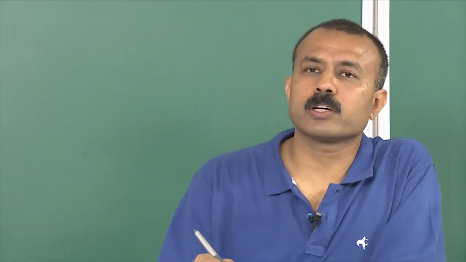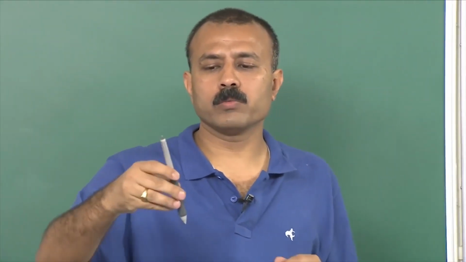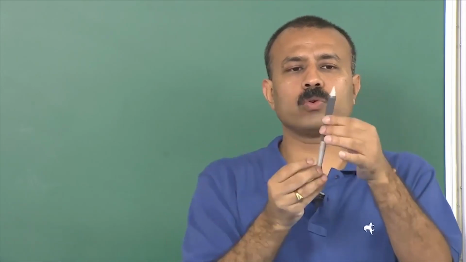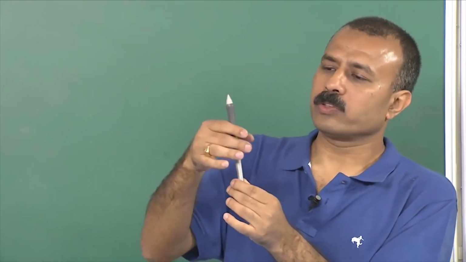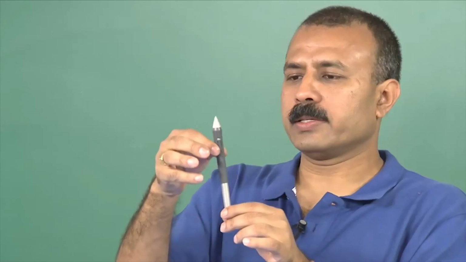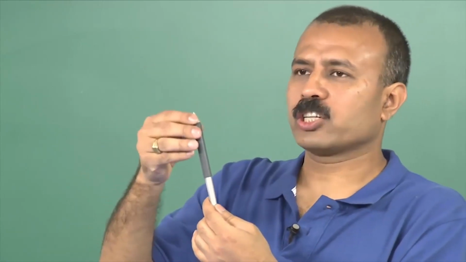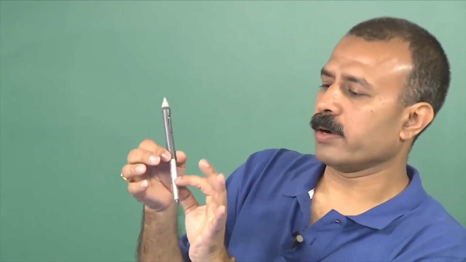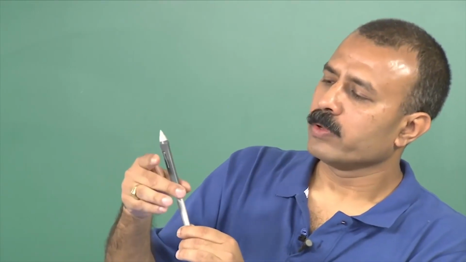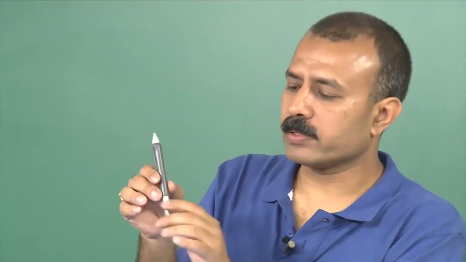So, let us talk about the structure of the rods and the cones. These are a very unusual kind of structure. These are fairly elongated structures, and a cone looks pretty much like this. Say, for example, if you look at this pen, there is this kind of light black or ash color body, and underneath there is a lighter color. This is the part where all the light receptive pigments are present, and this is the cell body.